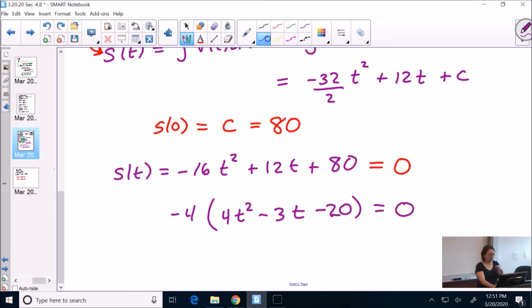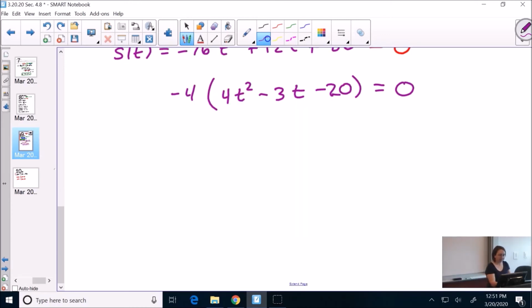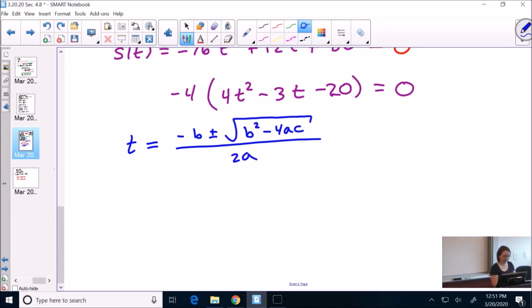Alright. Let's do quadratic. Why? Because I don't think that can be factored. Could be wrong. Let's do quadratic, we'll find out. So x is what you usually write, but in this case t. So negative b plus or minus the square root of b squared minus 4ac, all of it over 2a.